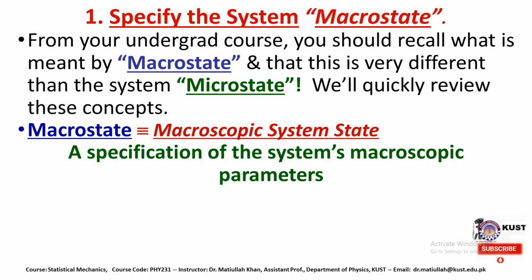In normal cases, there are many microstates that are possible in any particular macrostate. We already discussed microstate and macrostate in detail in the previous lectures. But anyhow, there are different microstates that correspond to any particular macrostate.